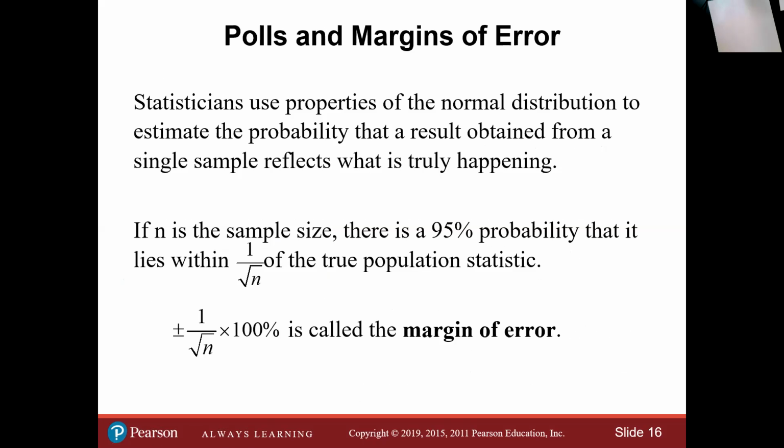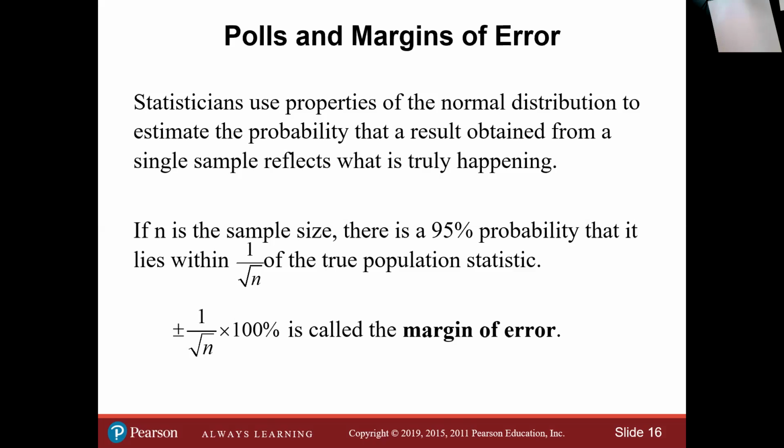Now, this is something that is more common, and that is margin of error. So what the margin of error does is it gives you some wiggle room for your data. So if you're doing some kind of survey, let's say for an election, you want to know who people are going to vote for. So you survey 100 people.